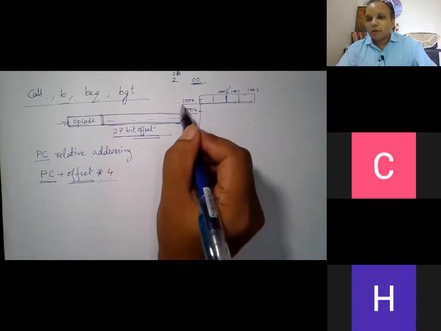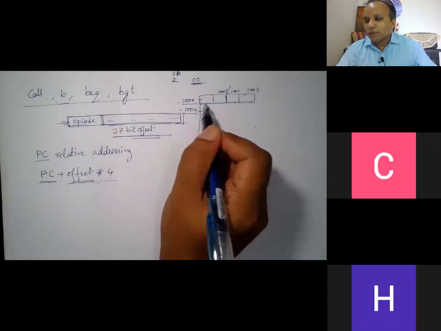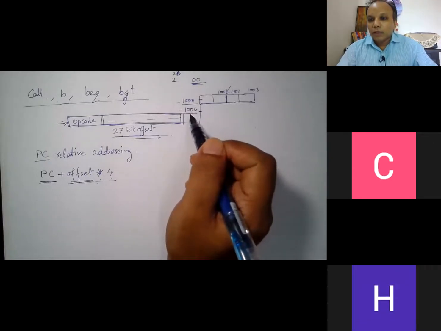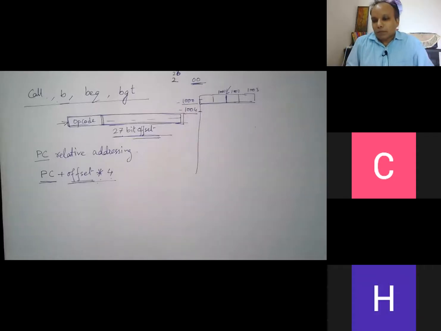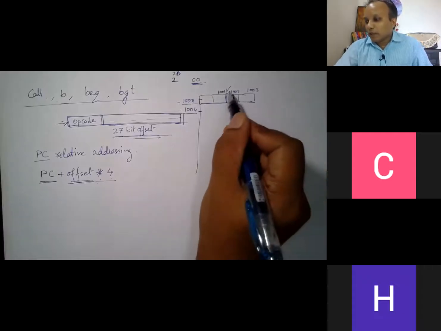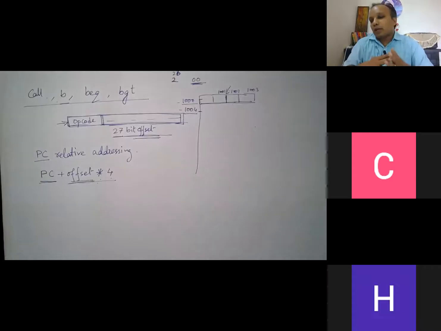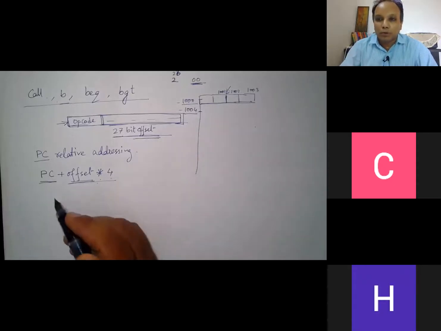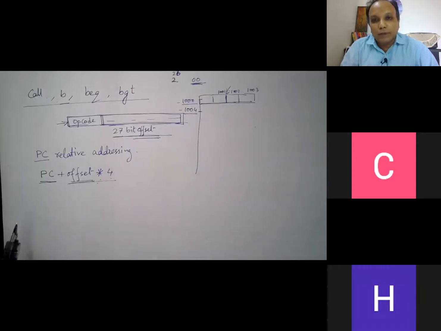Maybe your address will start from 00. Let's say instead of 1000, it starts from 00, right? It will be very unlikely that you will start at an address somewhere in between. That would be an unnecessary implementation, where you would not be able to exploit this. You could exploit it, but to do that you would need to do a lot more than just ignoring the least significant bits.